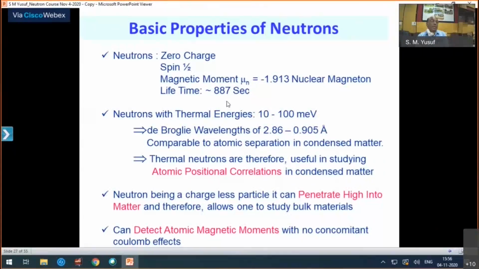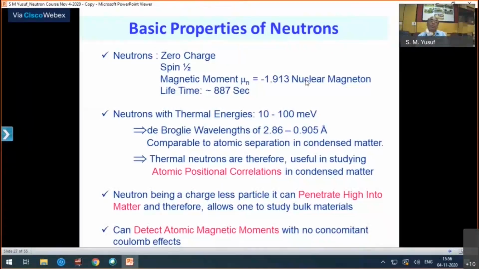Now for magnetic materials, this is my point. Neutron has a magnetic moment of minus 1.913 nuclear magneton. Mind it, this is not Bohr magneton, this is nuclear magneton. In other words, the neutron mass comes in here.